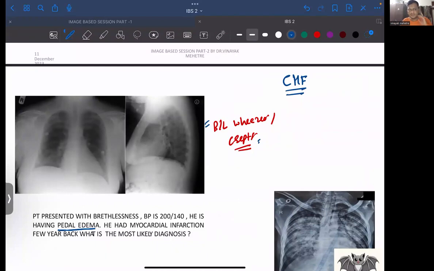With pulmonary edema, only two things come up. Either the patient has congestive heart failure or the patient was a CKD, chronic kidney disease patient. Even a CKD patient can have pedal edema if they are not taking dialysis, and in that too you will find wheezes or crepts.